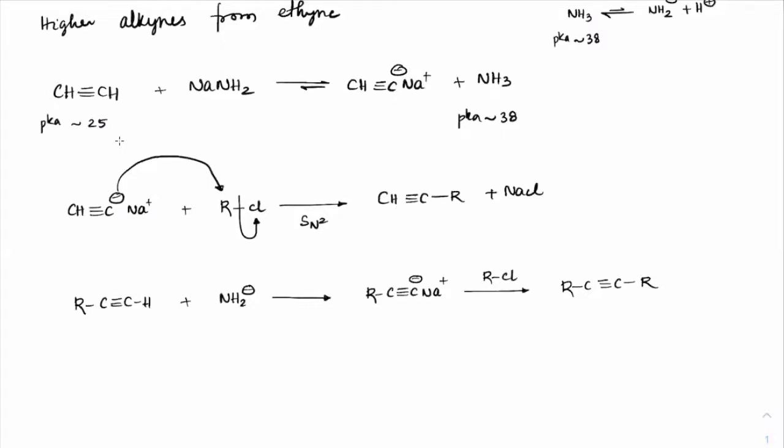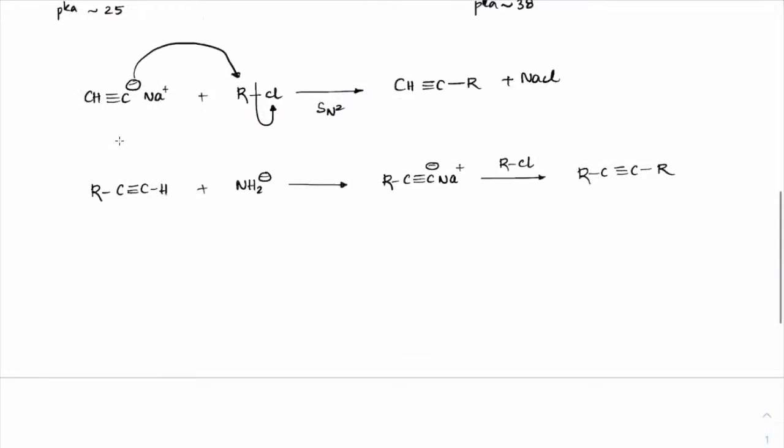Clear? Now, if this R group is not primary, suppose it is at the secondary or tertiary position, for instance, if I take CH triple bond C minus and then Cl is present here, then E2 will be the predominant product. So instead of acting like a nucleophile, it will act like a base, extract a proton, remove chlorine, and you will get a double bond, because this is also a very, very strong base.